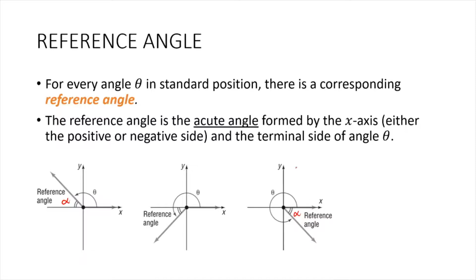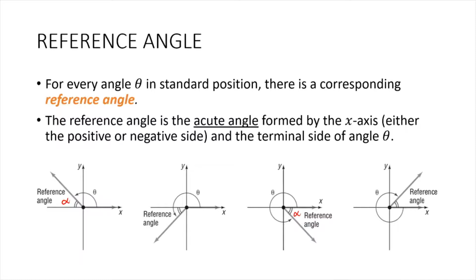And then we have here another example of an angle in standard position. However, this angle is measured through a clockwise rotation. If you can still recall, angles that are measured in clockwise rotation are negative angles.